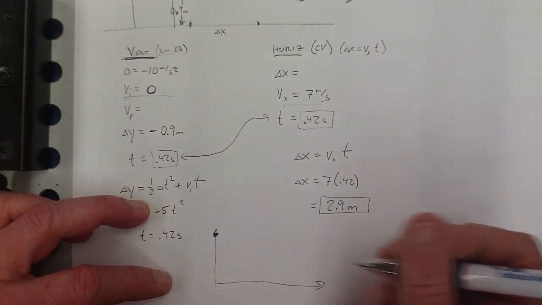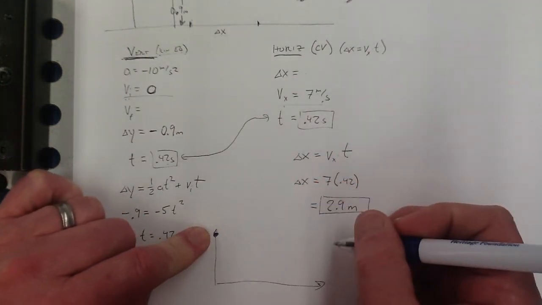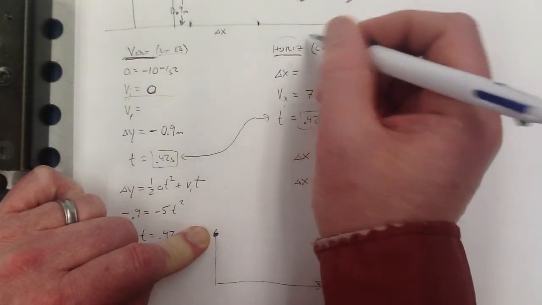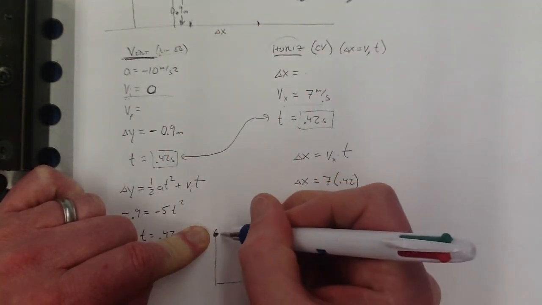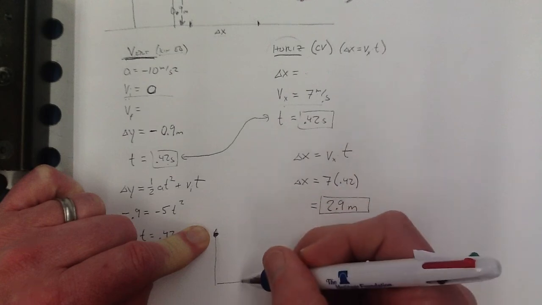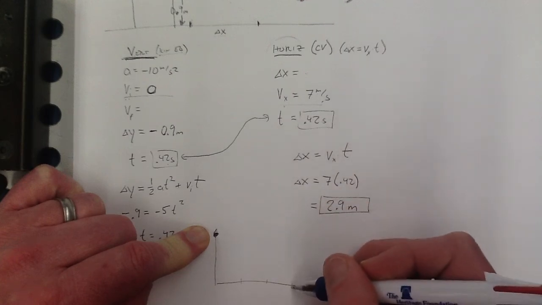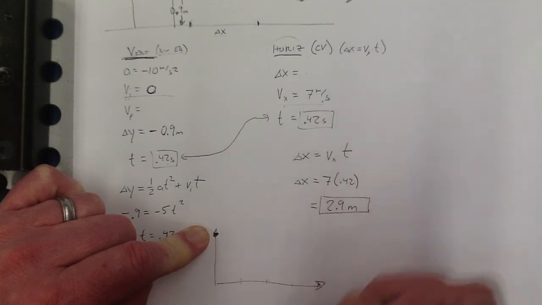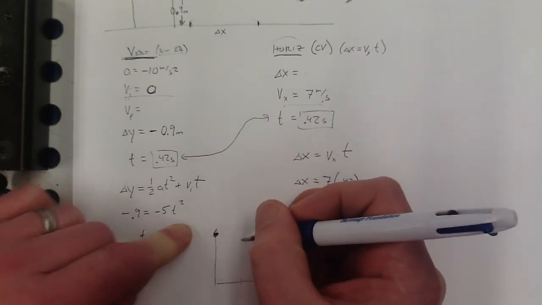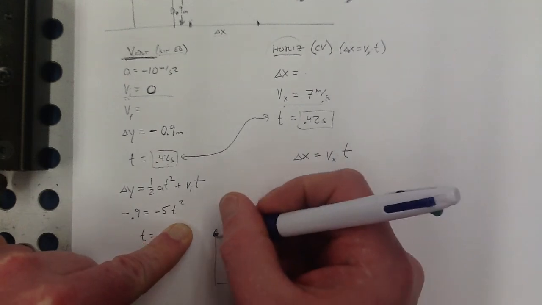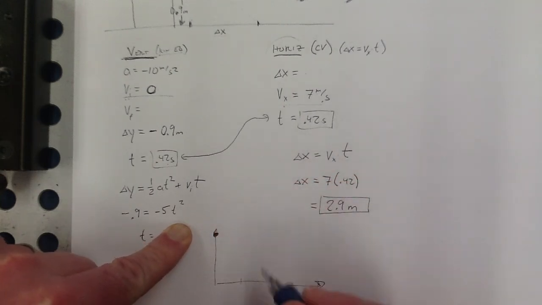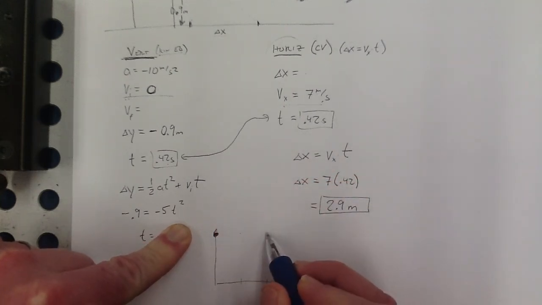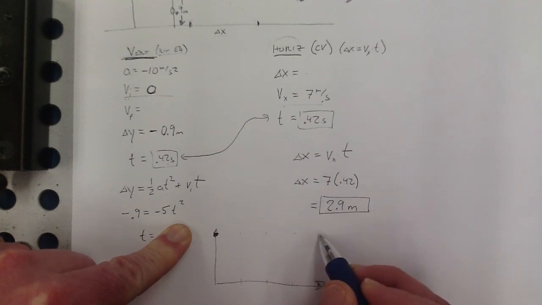And if we wanted to make a motion map, since the horizontal motion is constant, that means the dots in this direction would be equally spaced out, right? Because in the horizontal direction, it's constant velocity. But in the vertical direction, it's accelerating downward, so they'd be getting further apart, just like we would do for a free fall problem.